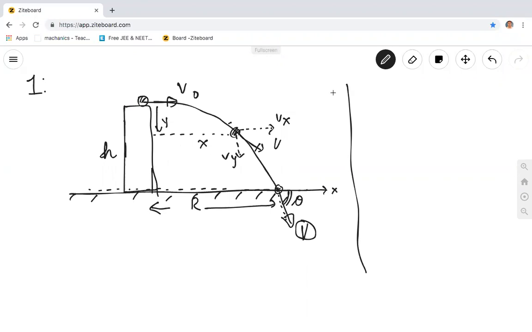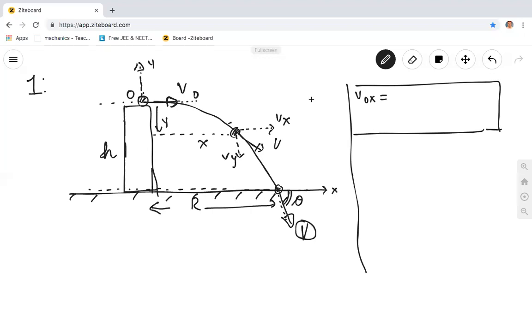And what is given to me? What are the given conditions in the problem? It is the y direction, and the origin is taken here. Can you tell me what is V0x? The object is thrown horizontally in the forward direction.